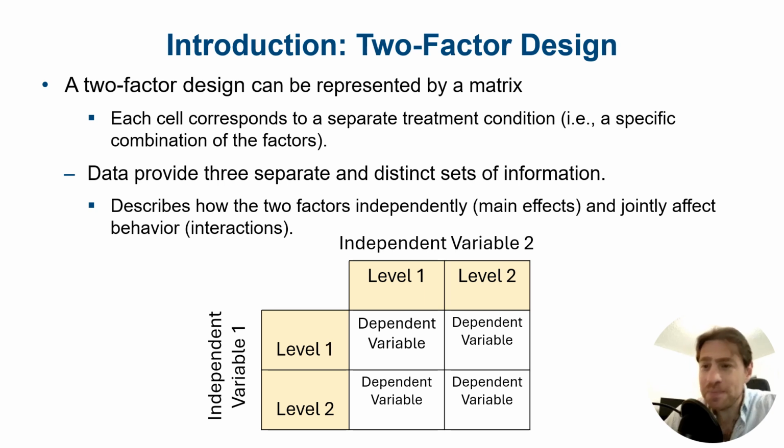Question 2, what is the overall influence of factor 2? And question 3, do these factors interact with one another? So questions 1 and 2 refer to what are called main effects, and question 3 refers to what are called interactions.